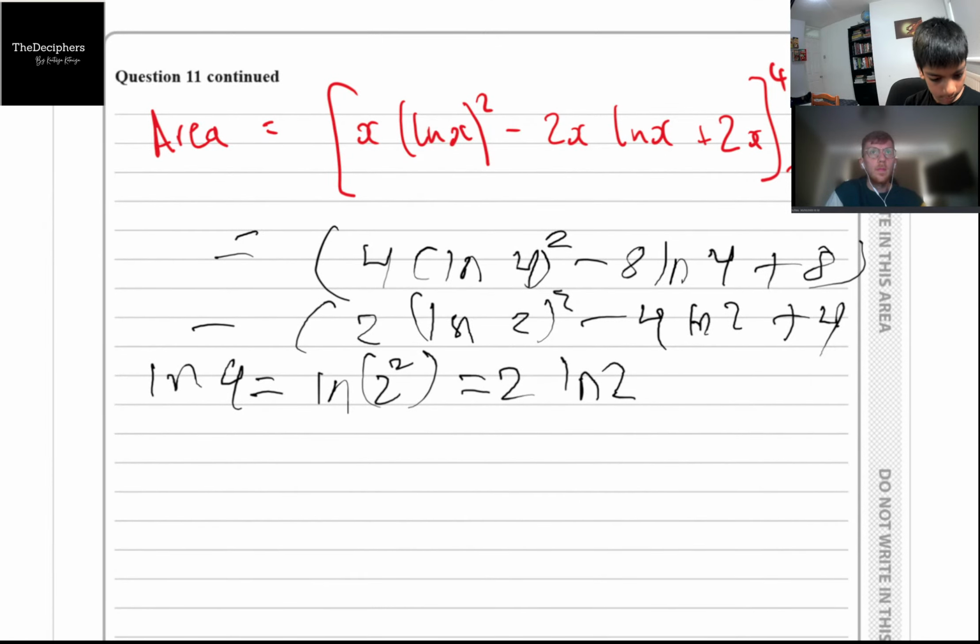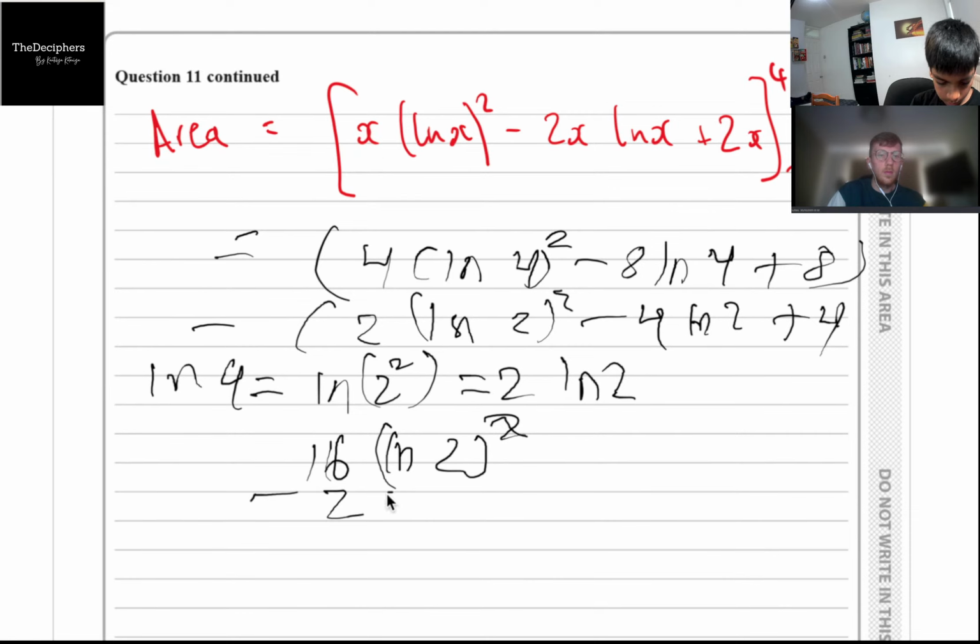Yep, so 2 squared is 4 and 4 times 4 is 16. So 16 ln 2 squared minus 2 ln 2 squared.